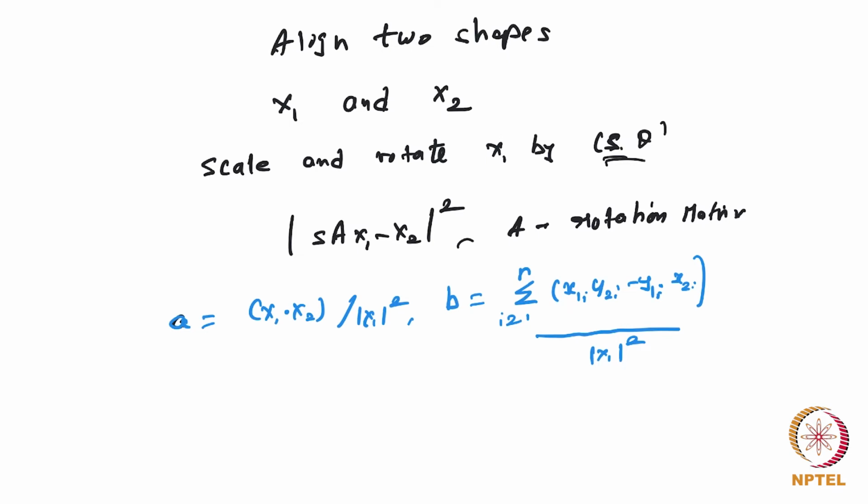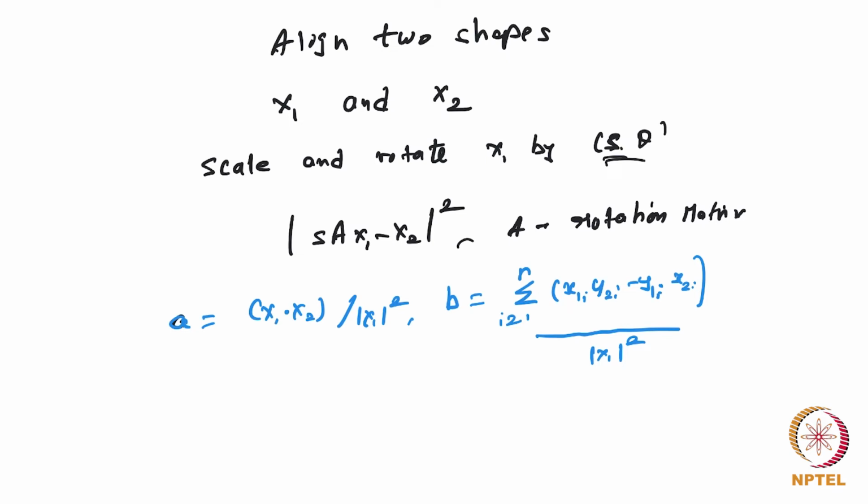Here the i's refer to the coordinates of the individual points for shape x1 and shape x2. So when I say y2, it refers to the y coordinates of shape 2, and i is the specific y coordinate of, let's say, landmark point i. So the i's subscript the individual points in a particular shape.